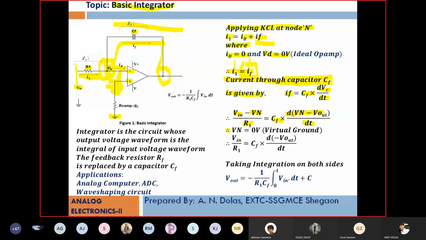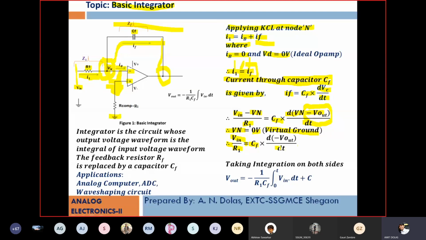But the nodal voltage Vn is equal to 0 due to the ideal op amp and virtual ground concept. So putting Vn as 0, we get Vin divided by R1 is equal to CF into d of minus Vout divided by dt. You can see the minus sign we cannot omit.